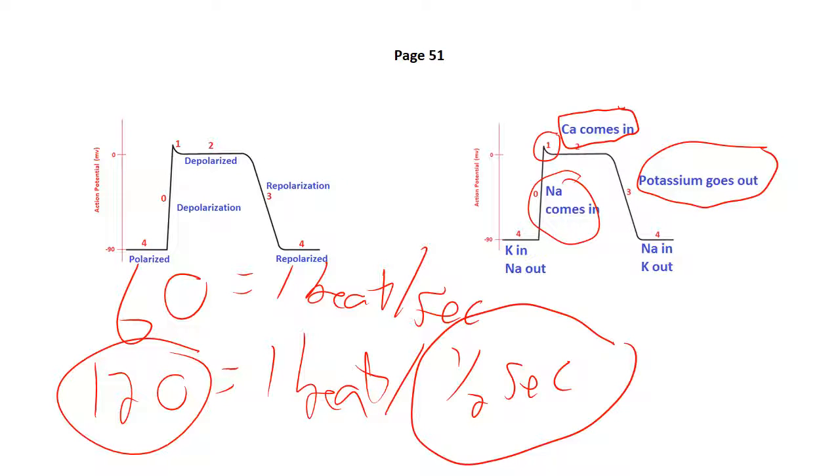Potassium then continues to go out after calcium has stopped, and then we turn on the sodium-potassium pump and then switch these back around. And we have to be able to do this all within a matter of just milliseconds. And that's probably the most impressive part of depolarization.